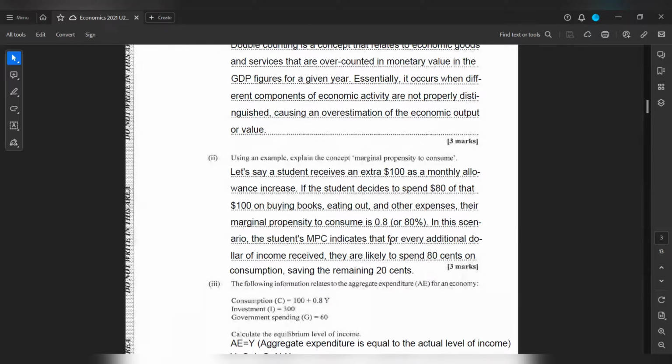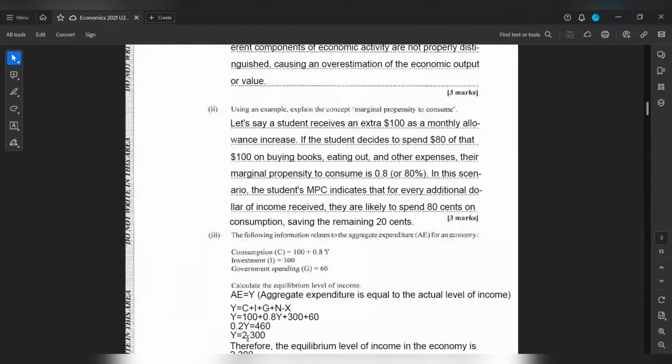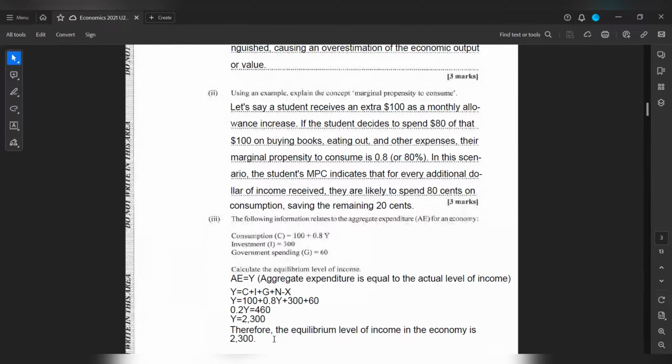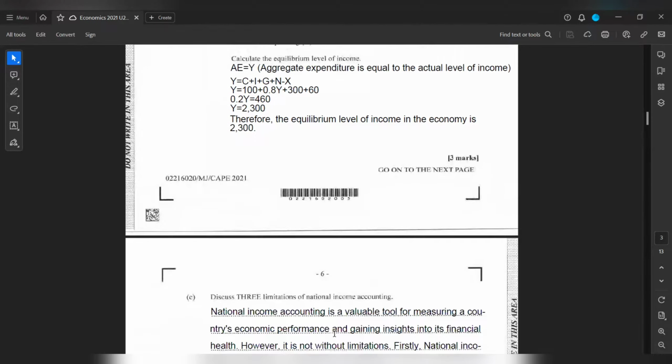AE is equal to Y. Aggregate expenditure is equal to the actual level of income. So this will give us Y is equal to C plus I plus G plus net exports minus imports, which will give us a value of Y equal to 2,300. Therefore, the equilibrium level of income in the economy is 2,300.